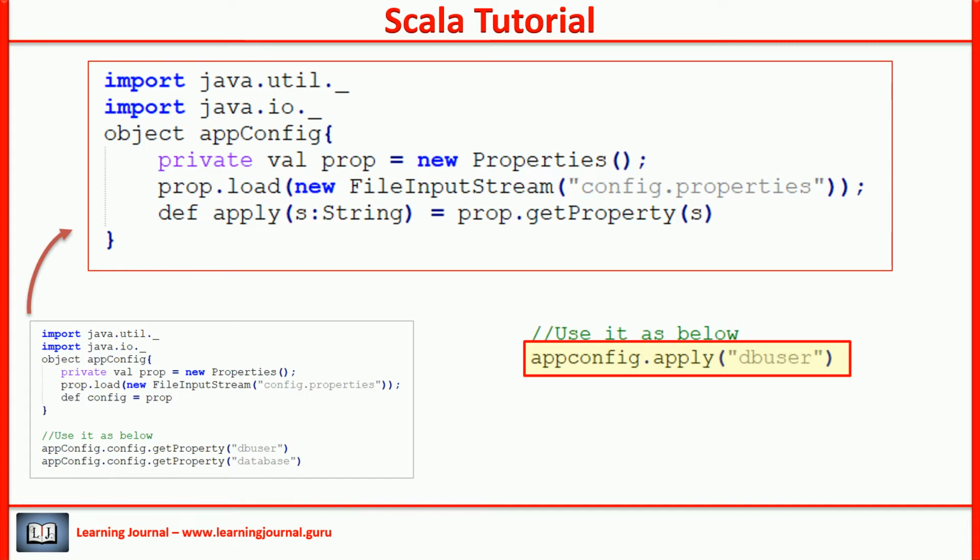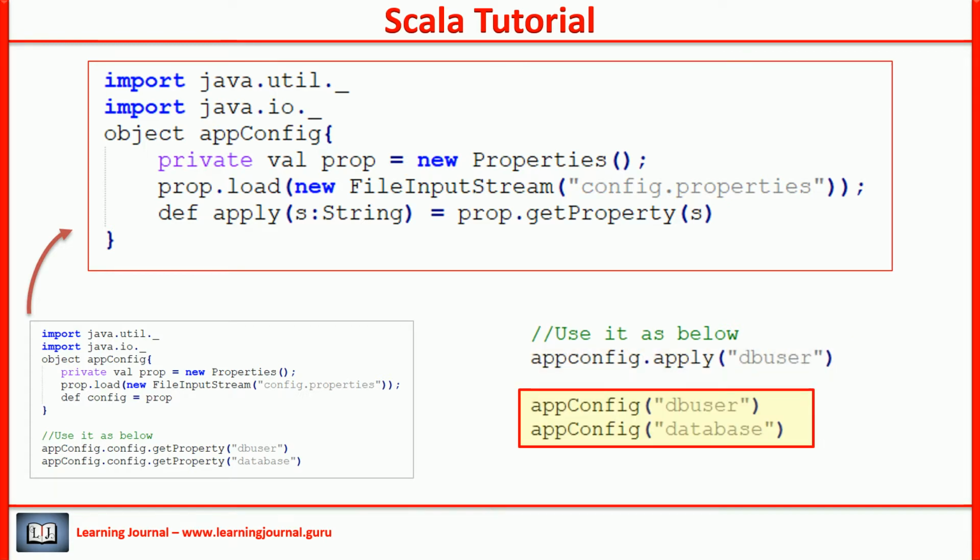I can call this method without the name, like this. I'm not saying .apply. I simply use a pair of parentheses and pass the argument right after the object name, and it works.